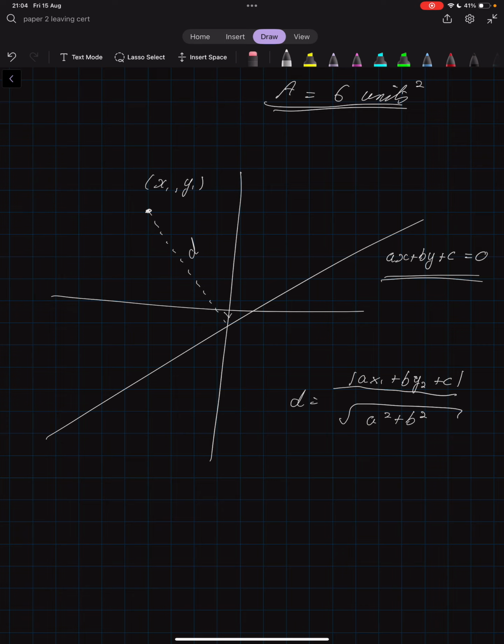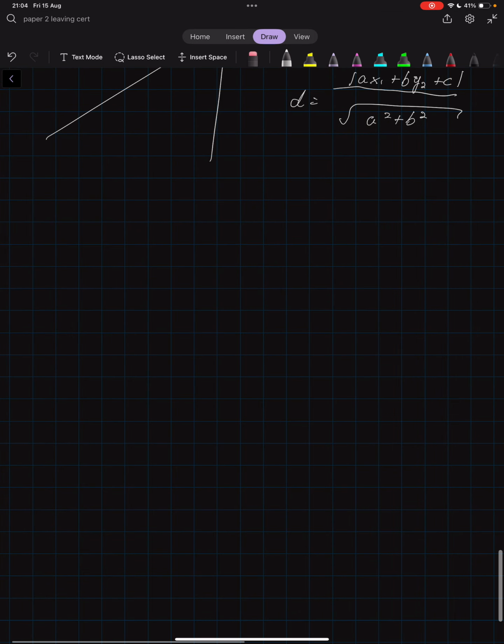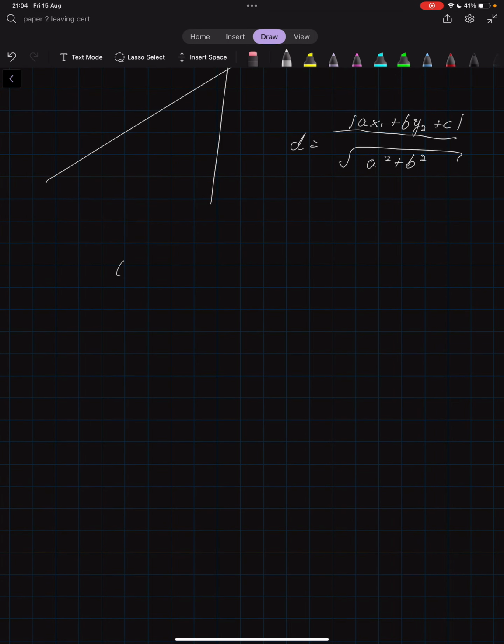So one of the questions here says, show that 2, minus 1 is equidistant. So the distances are the same to the lines with the equations 4x plus 3y minus 20 equals 0 and y equals 12x plus 10 over 5.